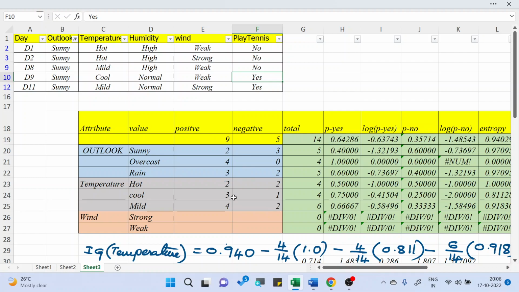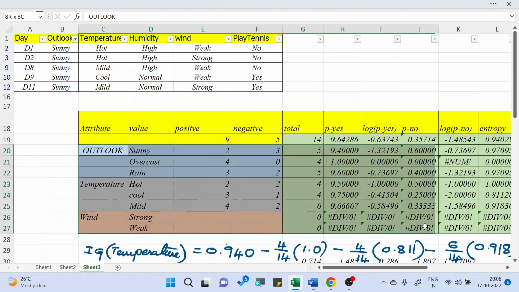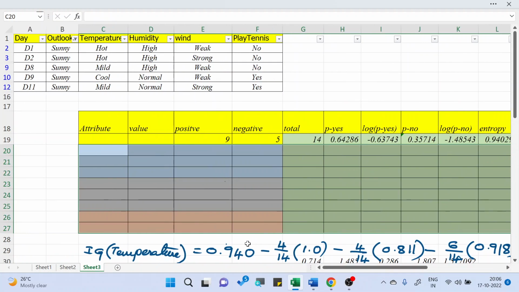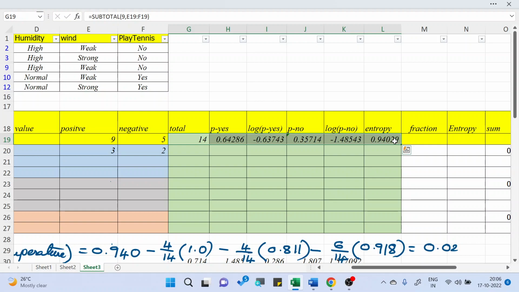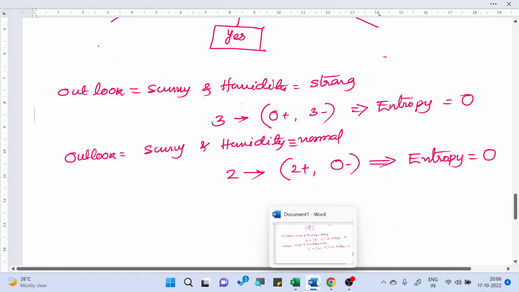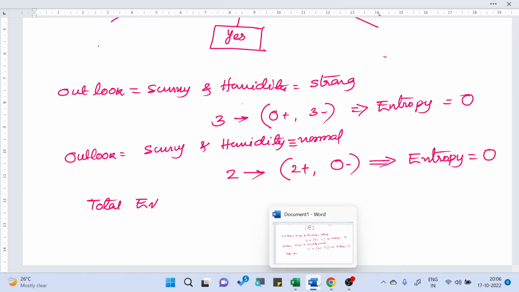For 3 negative and 2 positive, the total entropy is 0.970. So, the total entropy is 0.970 for this situation.